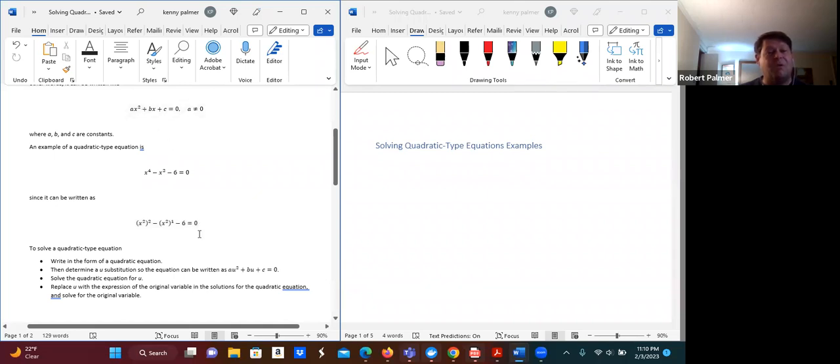What we can do then is solve this using quadratic equation methods, solve for x squared, and then figure out what x is.